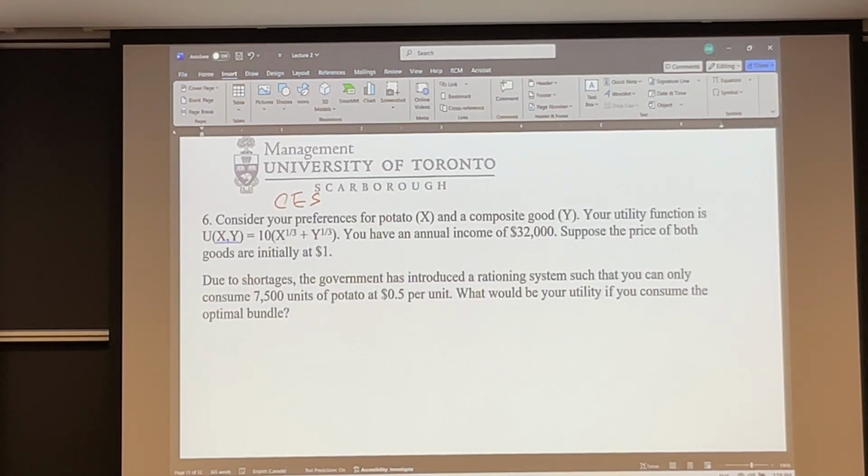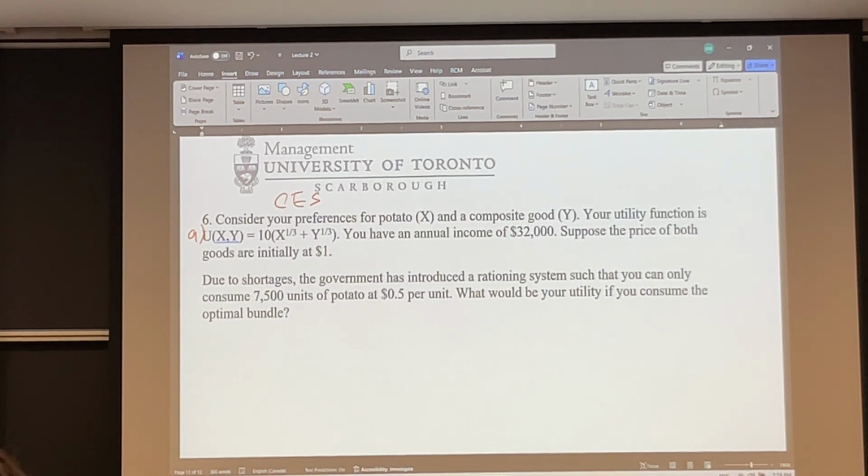A is 10, alpha is 1/3, beta is 1. Make sense? So it's class number 1. In part A, when there is a straight line budget, it is no different than Cobb-Douglas. CES does not give you a corner solution. It's a class number 1 function, so it does not give you a corner case.